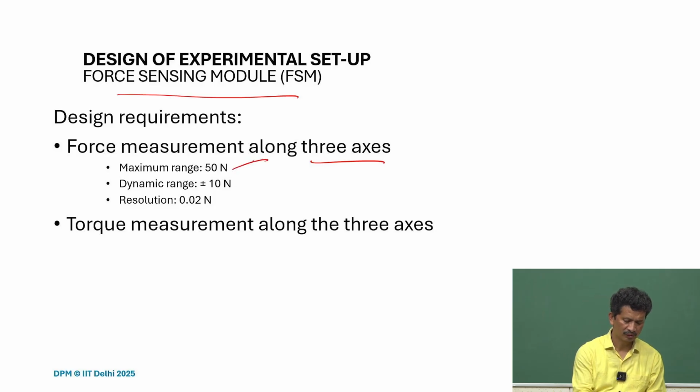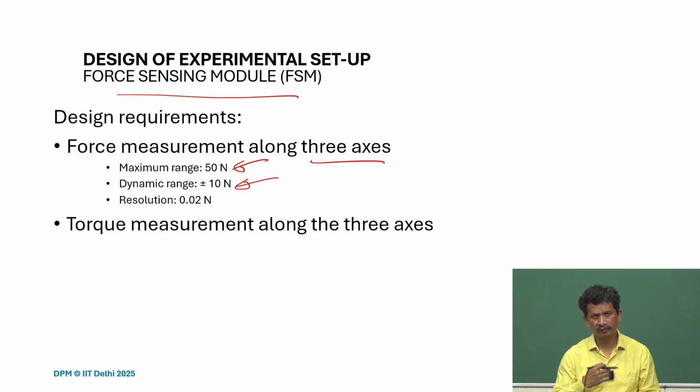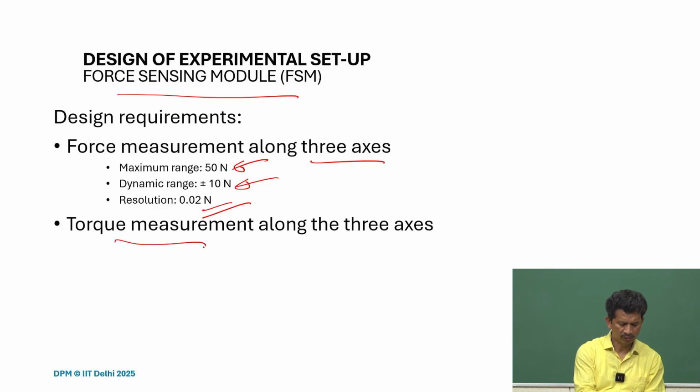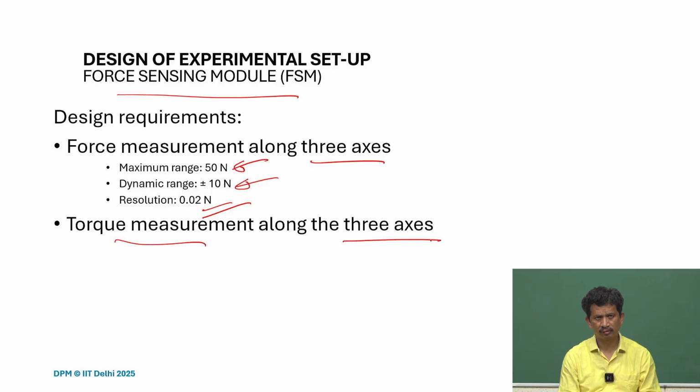So maximum range is 50 Newton, and okay, dynamic range, when we translate, slide the instrument or rotate the instrument, we can expect some variation. So of that order, and the resolution, of course we wanted to measure it precisely, so wanted to have a good resolution. We also want to have the torque measurement, because it's rotating.